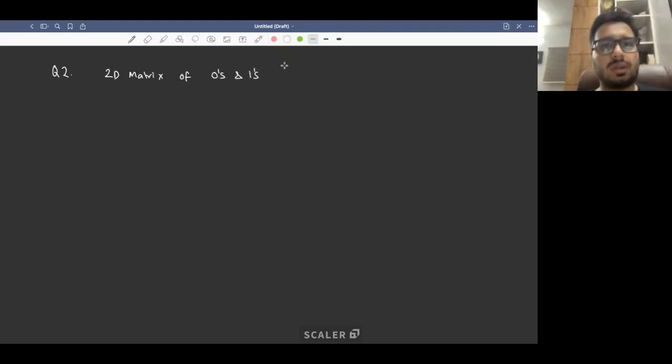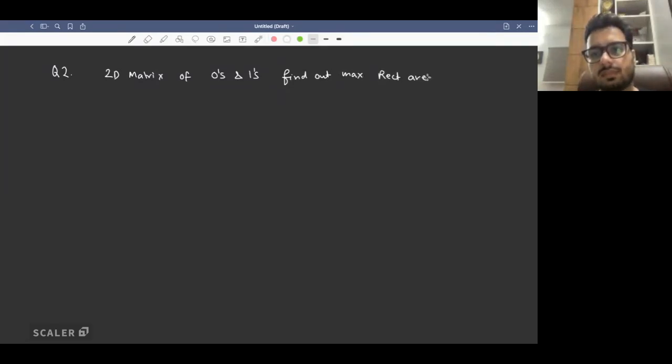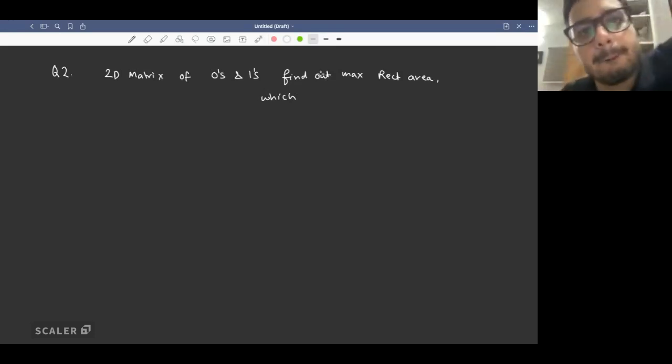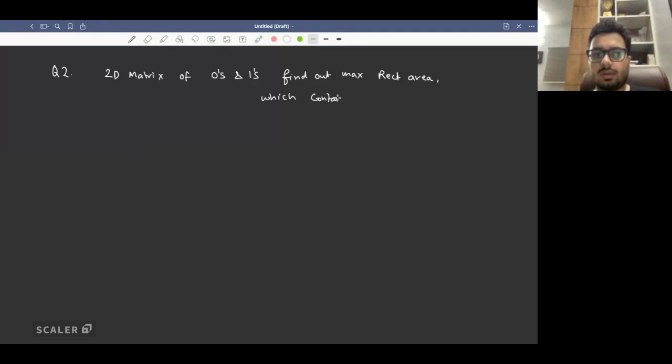I want to find out the maximum rectangle area which contains all ones. Which contains all ones. Okay, so let me draw the matrix.